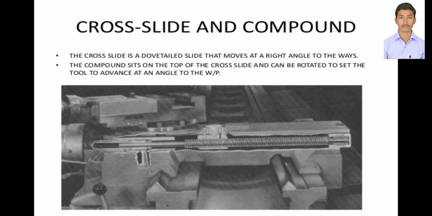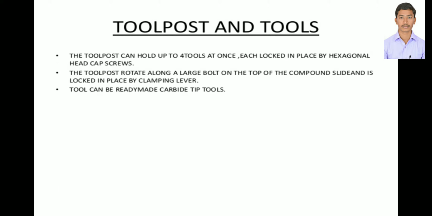The cross slide is a dovetail slide that moves at a right angle to the ways. The compound sits on top of the cross slide and can be rotated to set the tool to advance at an angle to the workpiece. The tool post should be rotated and adjusted by using the cross slide and compound slide.